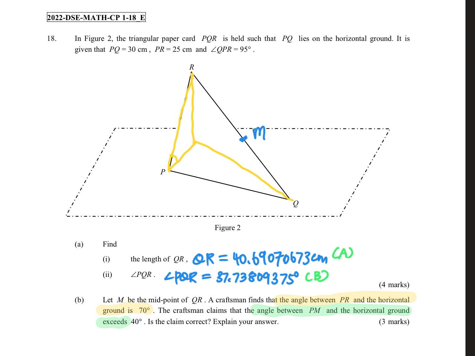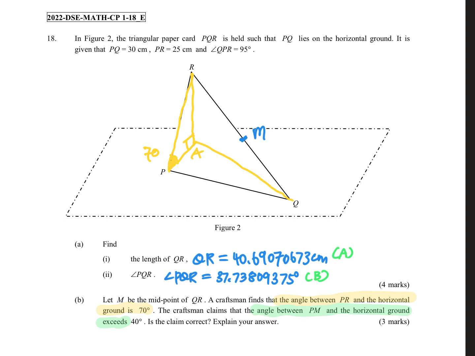So this is 70, and this is a right angle, of course, because this is the projection. Let's call the projection of R, A. Of course RA would be perpendicular to PA and AQ. RA will also be perpendicular to any line on the horizontal ground.